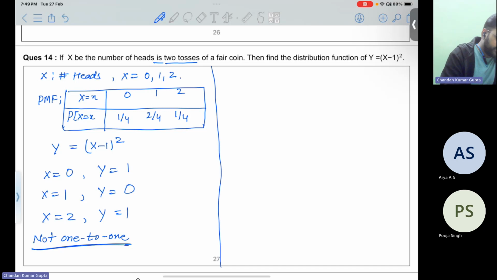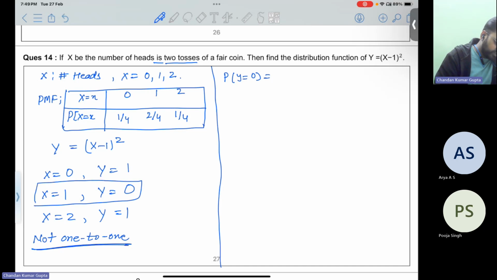So probability that y equals 0: y equals 0 corresponds to x equals 1, which is probability that x equals 1, which is 2 by 4.